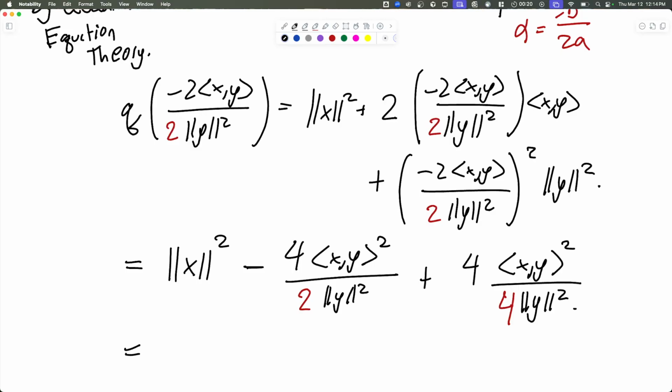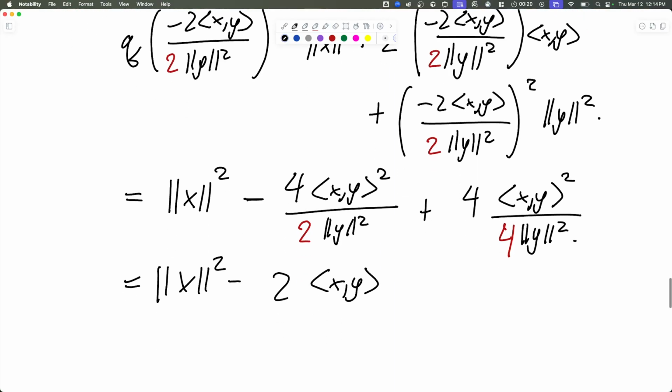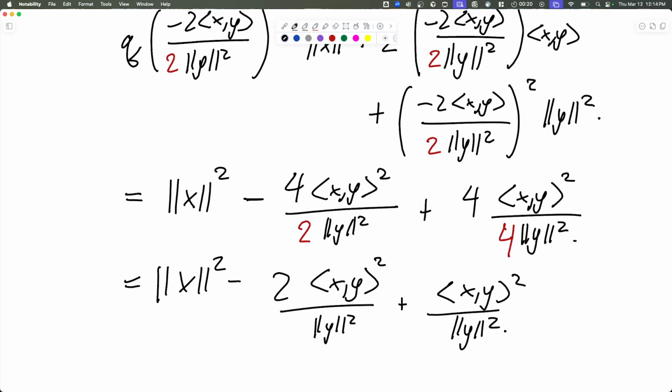Okay, so what is this? This thing should be something like this: the norm of x squared minus 2xy over the norm of y squared plus 4 times the norm, 4 over 4 is plus 1, xy squared over the norm of y squared. And look, lo and behold, the last two terms are actually the same, except one has a coefficient of minus 2, the other has a coefficient of plus 1.